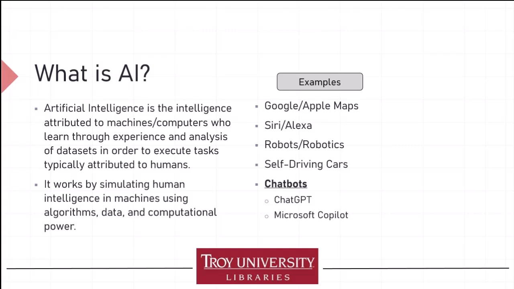Robots are one example, as well as self-driving cars, Siri or Alexa, and also encompassed within that are chatbots, like ChatGPT, which are a type of AI known as generative AI, and that's really what's been on the scene and becoming talked about a lot more in academia.